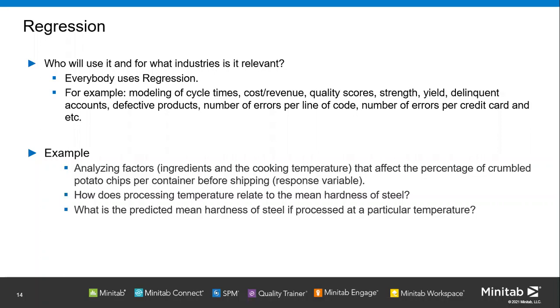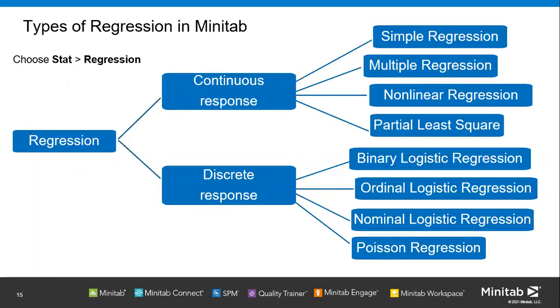If it is this kind of situation, you're able to use regression. There are many types of regression in the market, and also many types in Minitab itself. So how do we choose? It depends on your response, meaning your yield, your strength, your Y. It depends on your Y type.